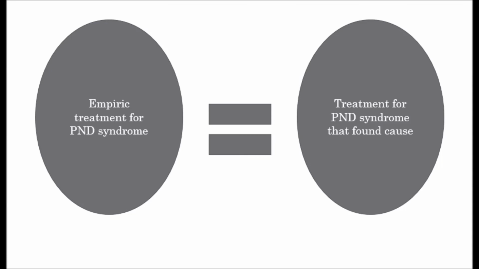In addition, there was no statistically significant difference in the independent t-test for the degree of VAS improvement in both groups. In other words, when empirical treatment was compared with treatment after finding the cause, the treatment effect of empirical treatment was not low.